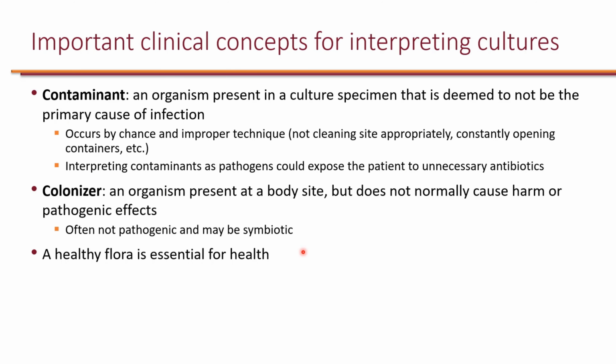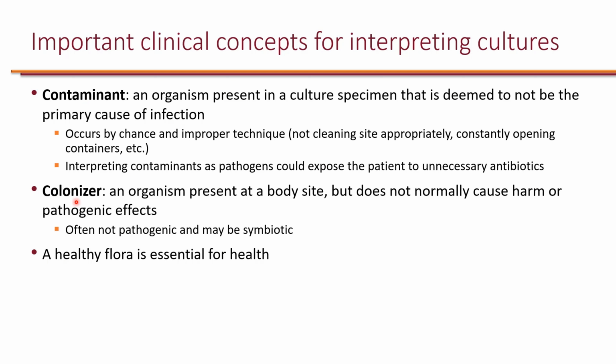Now, some important clinical concepts for interpreting cultures are colonizer and contaminant. Anytime you have something growing in a culture, you need to ask yourself, is it coming from the source of the specimen, or did it get contaminated in the process when it was being collected? So a contaminant will not be from the site of the specimen. It could be due to improper technique.